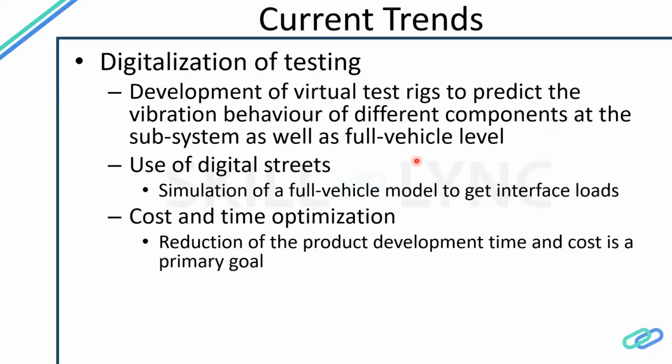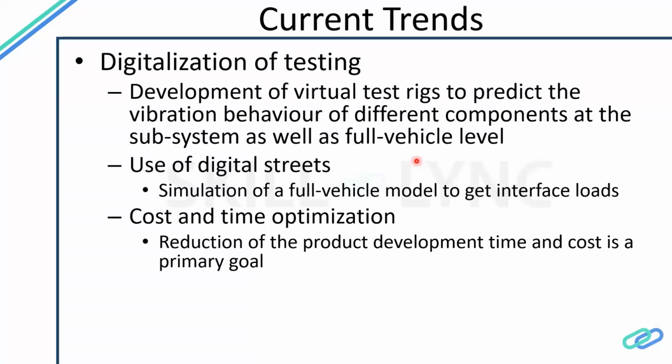Why we do this is basically we want to avoid the repetition of the costly prototype test. We want to use a simulation model which is very close to the testing model or the test scenario, and we would like to evaluate or predict the behavior of the interiors or any structures in terms of vibrations upfront.